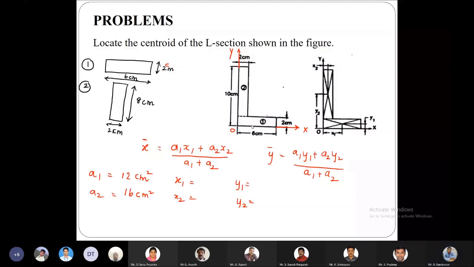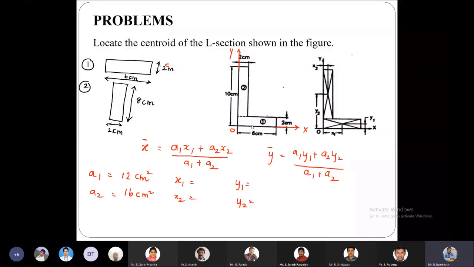It will be changed as rho 1 V1 x1 plus rho 2 V2 x2, etc., up to rho n Vn xn, everything divided by rho 1 V1 plus rho 2 V2, etc., up to rho n Vn.